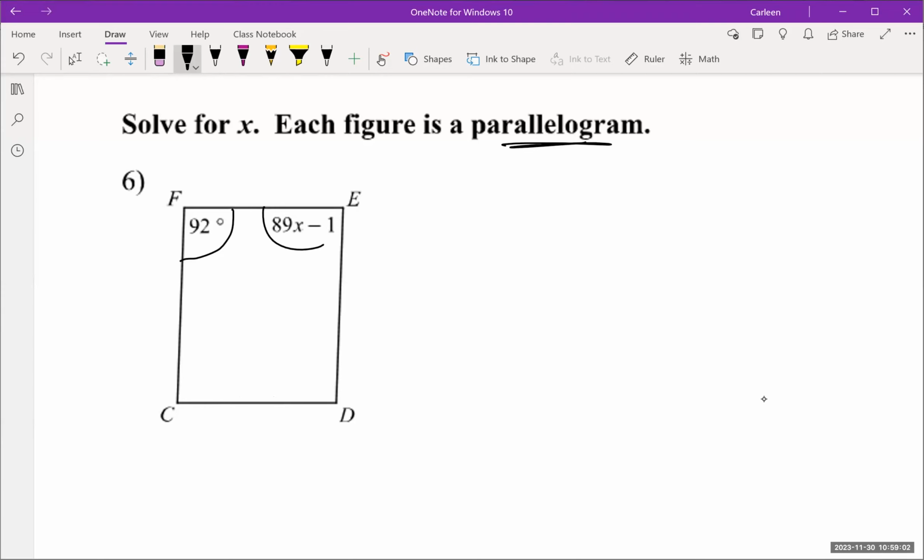So consecutive angles of a parallelogram are supplementary. There we go. Okay, so 89x minus 1 plus 92 is equal to 180.